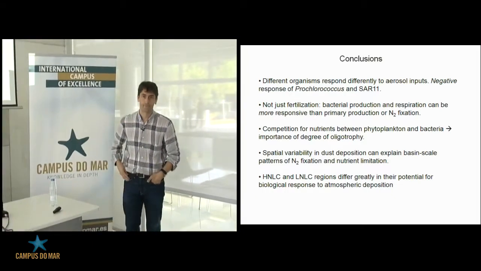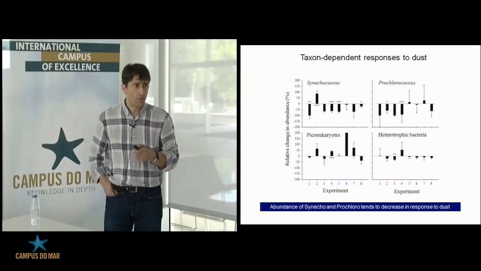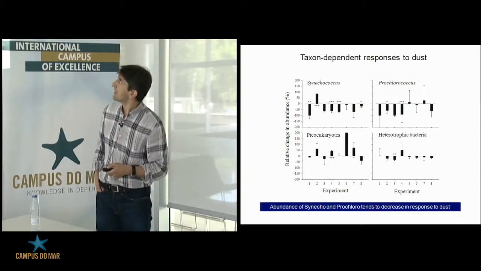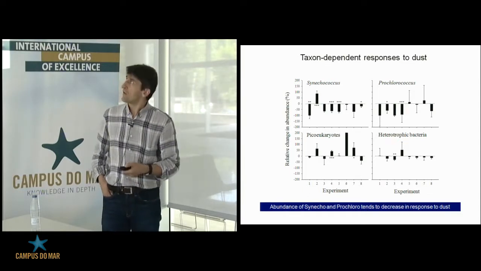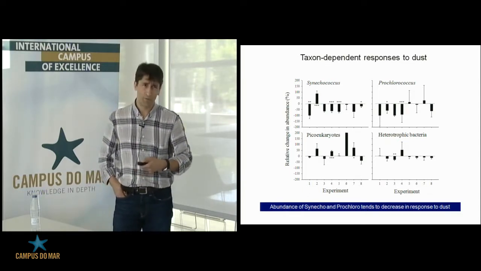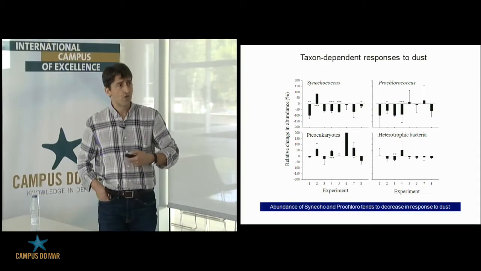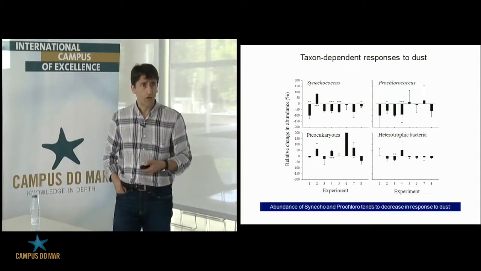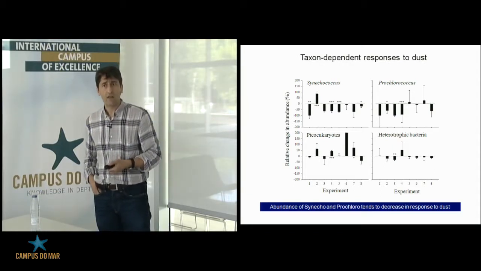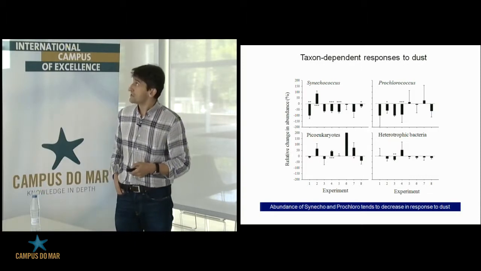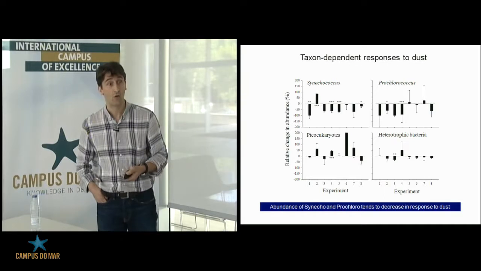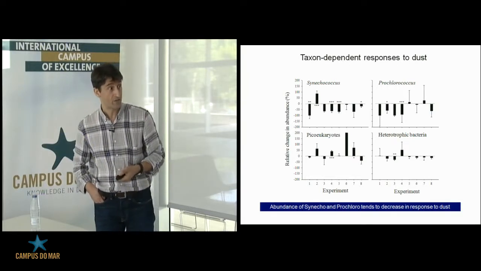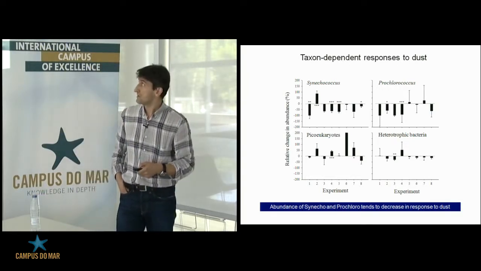Organisms. And just to give you a broad idea, I will not be getting into much detail here, but different groups of organisms, you have here the Synechococcus and Prochlorococcus and the picoeukaryotes, for instance, tend to show different responses. They are not really synchronized in the way they respond to these perturbations. For instance, Prochlorococcus and Synechococcus overall tended to show a negative rather than a positive response to the dust addition.